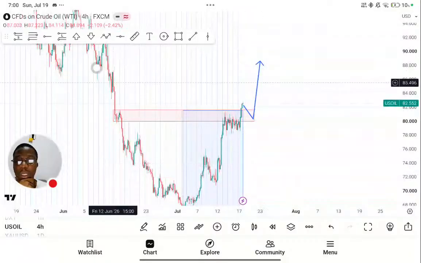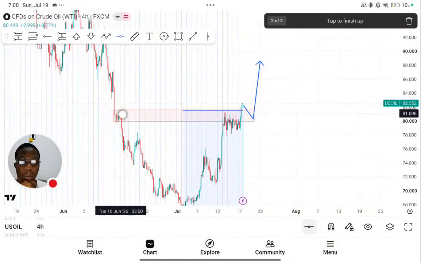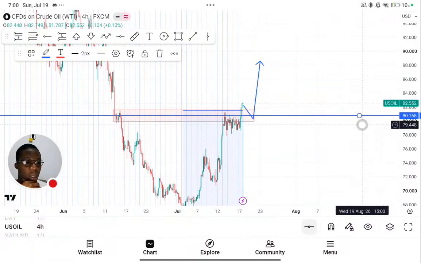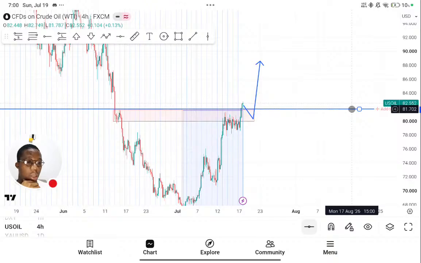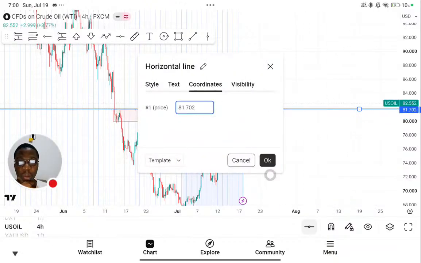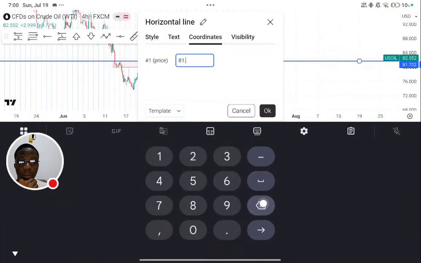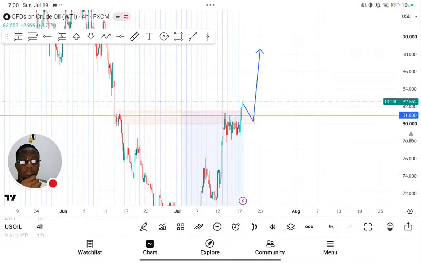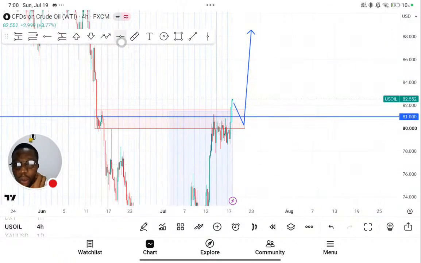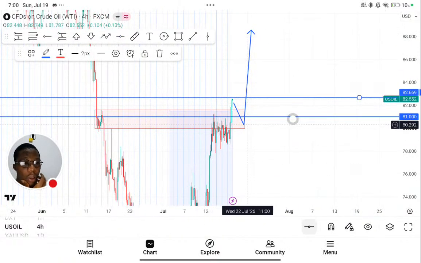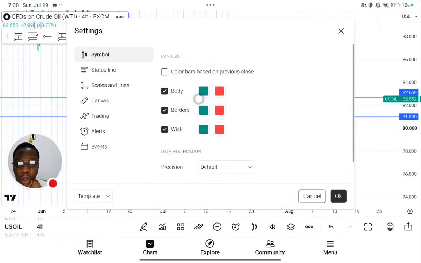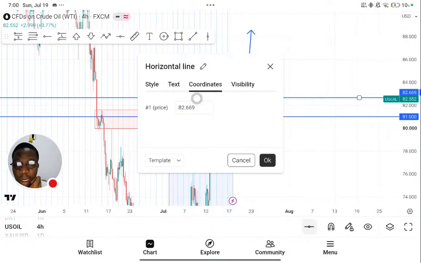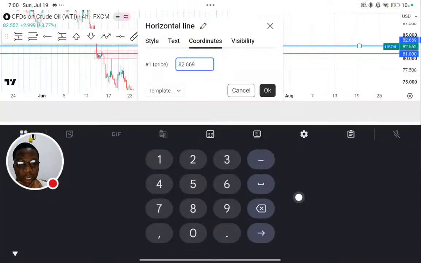And if we check the psychological level that it was having problems breaking, that leaves us around $81, I think. Let's look at $81. Yeah, so the next psychological level above it is 82. But I'm going to be cautious of the buys. Why? Because it broke that level, and since it broke it, it hasn't tested yet.